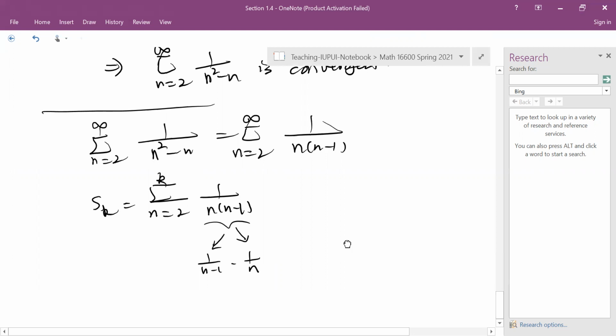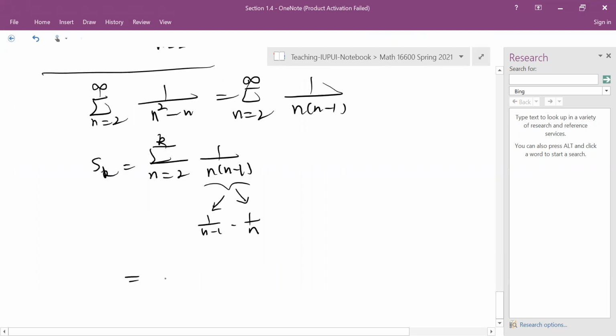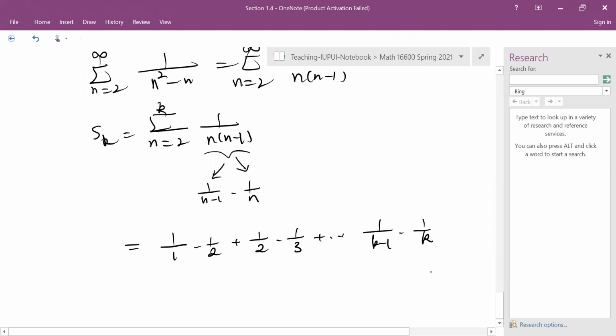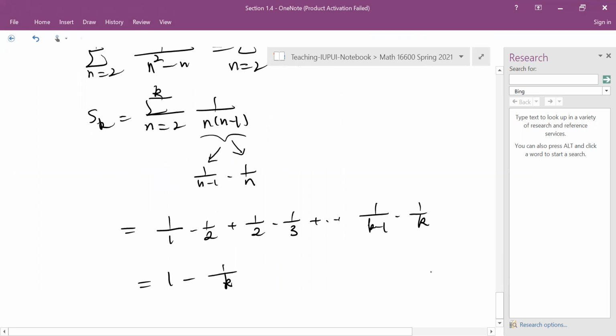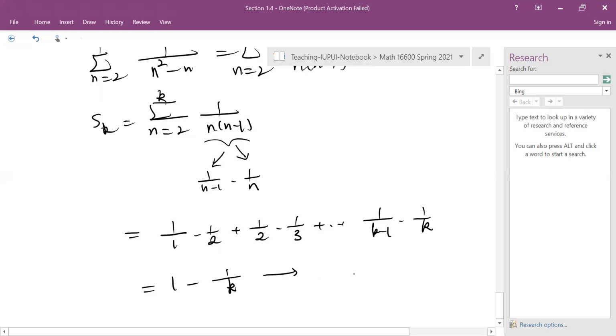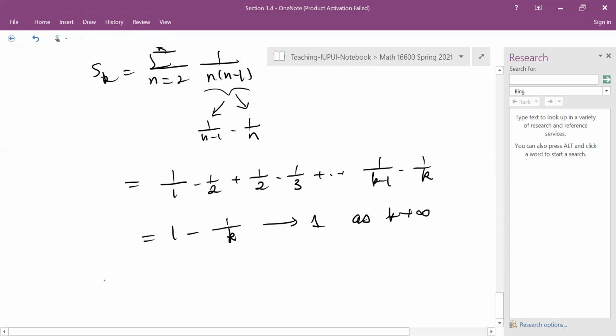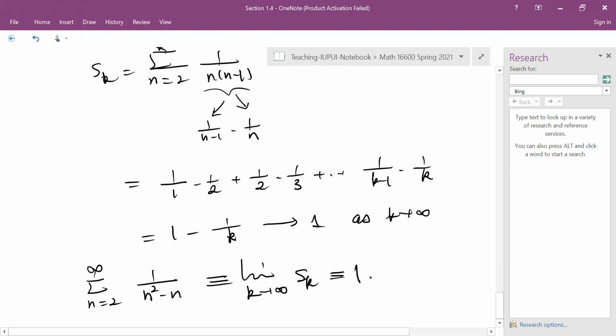So that means the partial sum will be 1 over 1 minus 1 over 2 plus 1 over 2 minus 1 over 3, and keep it going, up to 1 over k minus 1 minus 1 over k. So actually, this partial sum is just equal to 1 minus 1 over k. So that has a limit. The limit is just 1. So we not only show this is convergent, we also get the exact value, which is 1.